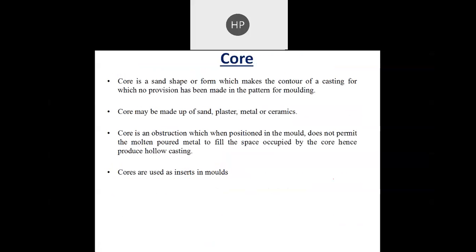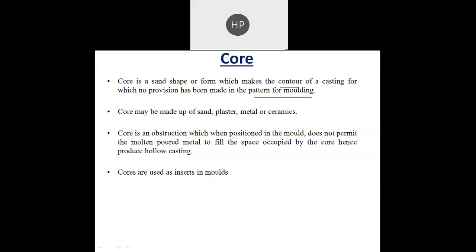Then the next important topic we are going to study is the core. A core is a sand shape or form which makes the contour of a casting, for which no provision has been made in the pattern for molding.